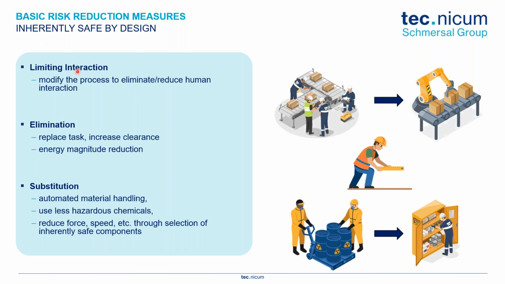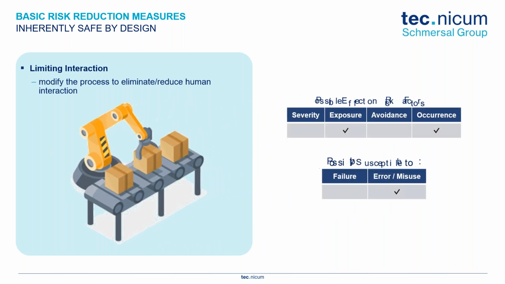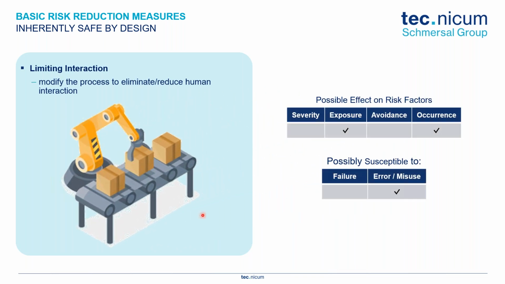So if we look at modifying the process, replacing the task, reducing the energy magnitude, automated material handling, less hazardous chemicals, reduced force, how does that affect these factors? If we say, let's try to modify the process, eliminate and reduce human interaction, what does that do for you?